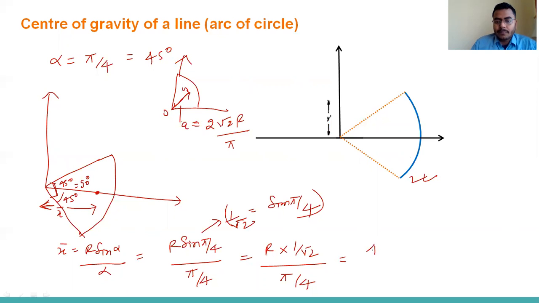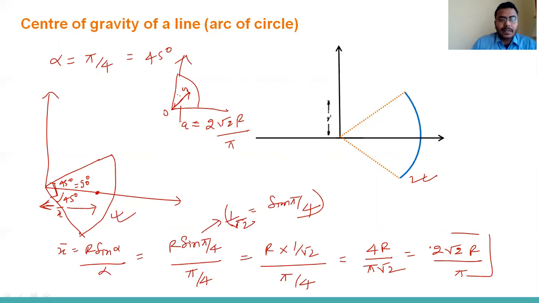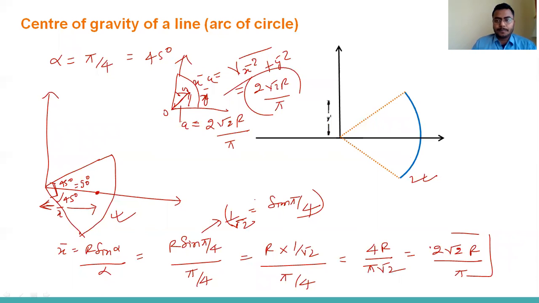By simplifying, it will come 4R divided by pi root 2. Again you can simplify, it will come 2 root 2 R divided by pi. So by using this relation also we are getting the same value, as when we calculated y bar and x bar by taking the root of x bar square plus y bar square, we got 2 root 2 R divided by pi. Are you getting my point? Okay.